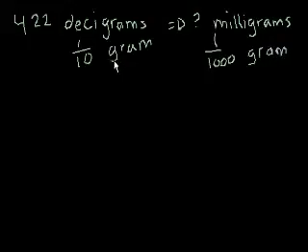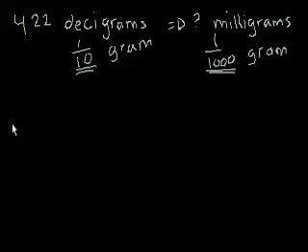We can convert to grams and then convert to the other unit. That sometimes makes things easy. Or we could say, well, how many milligrams is equal to 1 decigram? Well, a milligram, as we see here, is 100 times smaller, right? To go from 1/10 to 1/1000, you have to decrease in size by 100.